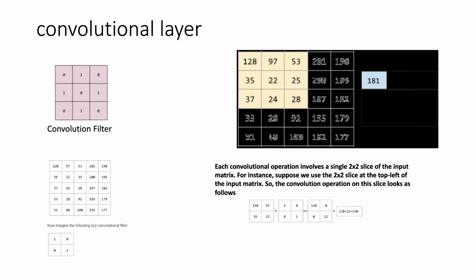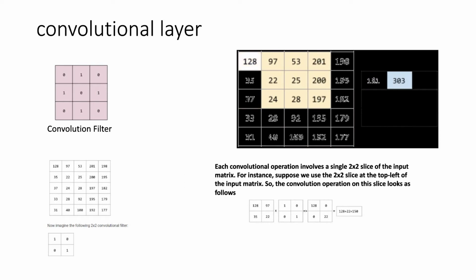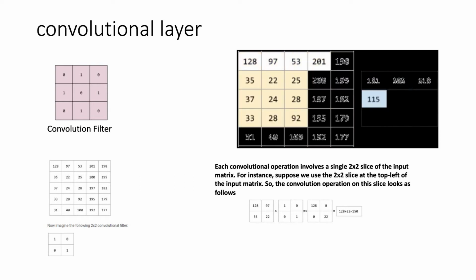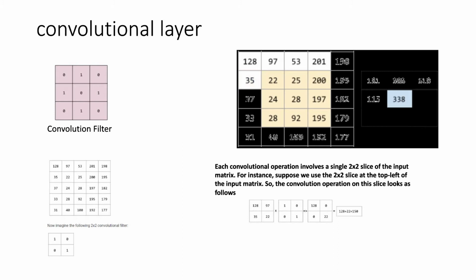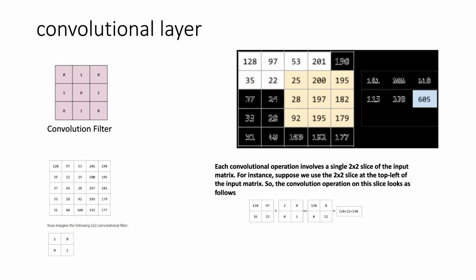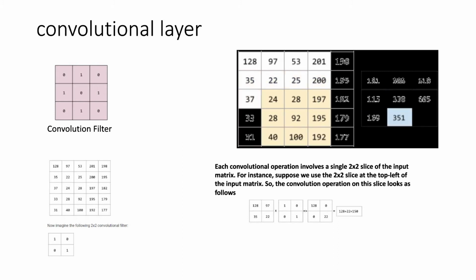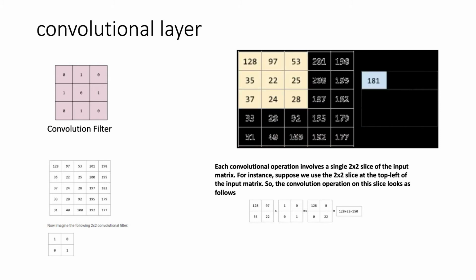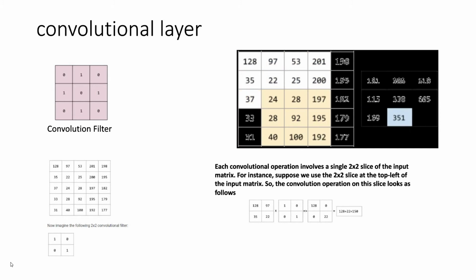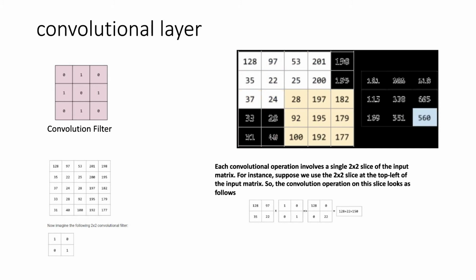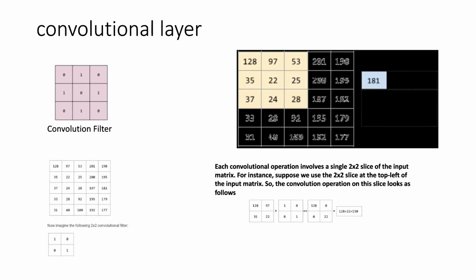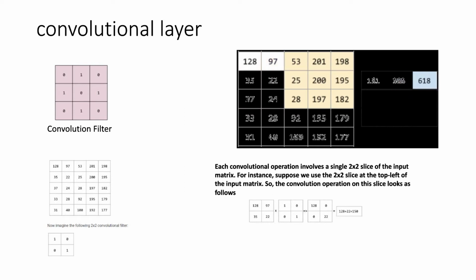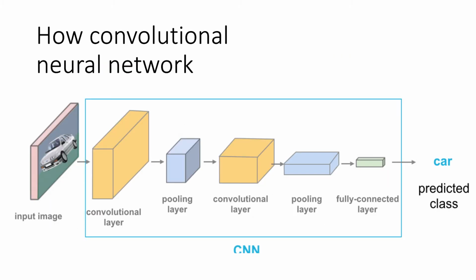Now multiplying with the 2 cross 2 filter, it becomes 128, 0, 0, 22 and the overall value becomes 150. For better understanding, I am showing the 5 cross 5 matrix and the convolution filter in the left lower corner area.